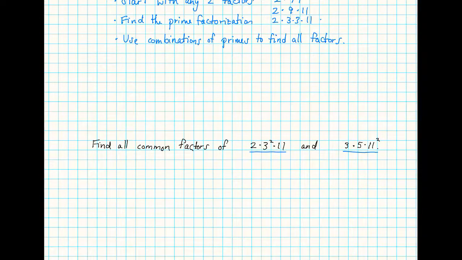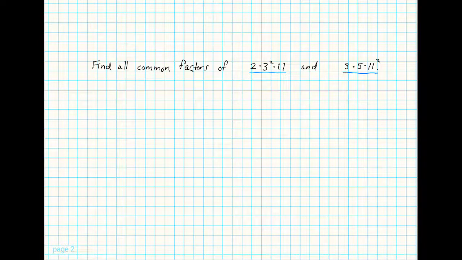If I want to find common factors of these 2 numbers, that's basically what factors do these 2 numbers have in common. Looking here, we can see they both have a 3 in common, and they both have an 11 in common, and I believe those are all the prime factors that are in common.